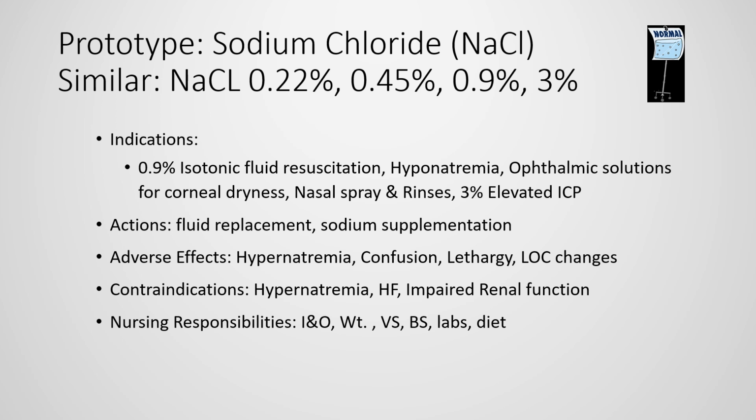We're going to shrink the cells, which we sometimes want to do in elevated intracerebral pressures to reduce the pressures in the brain, or sometimes in someone who has something like glaucoma and they have elevated intraocular pressures, and we want to pull some fluid out of the eyeball. Okay, but the main one here is the isotonic one, 0.9%.